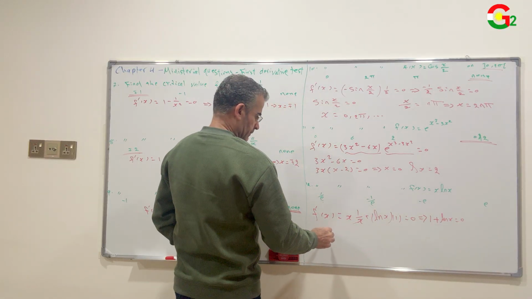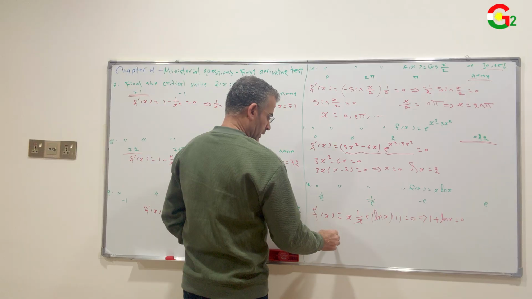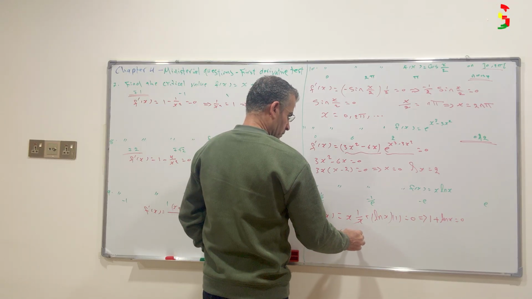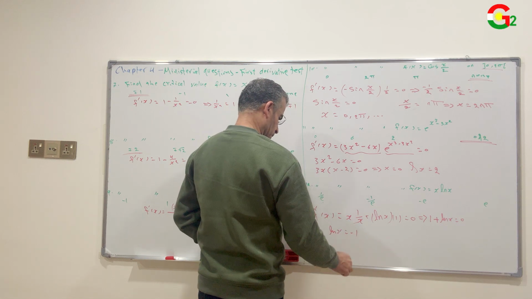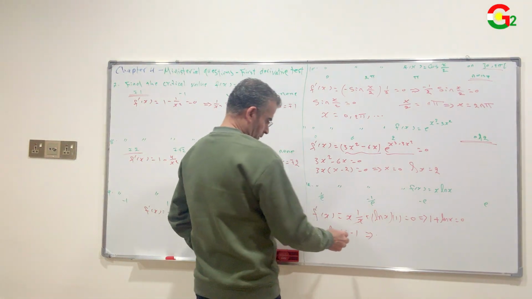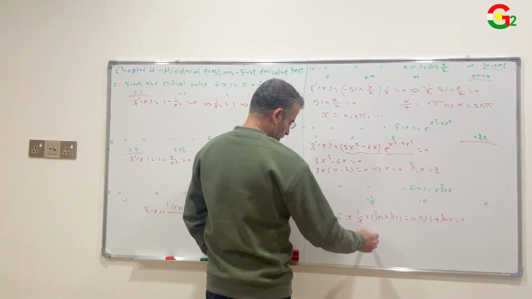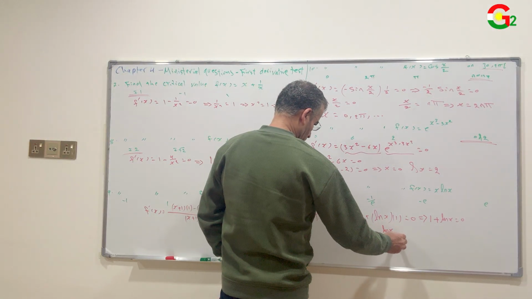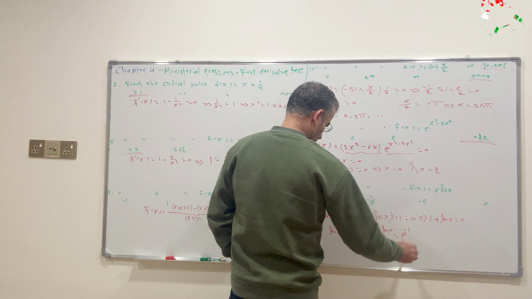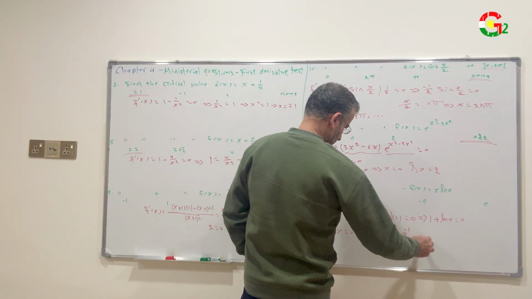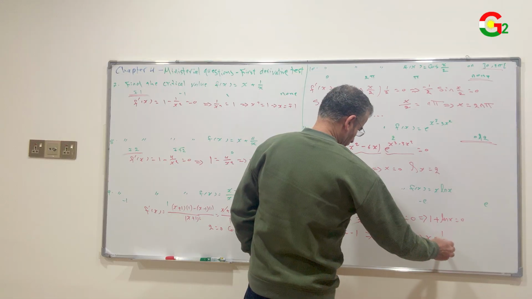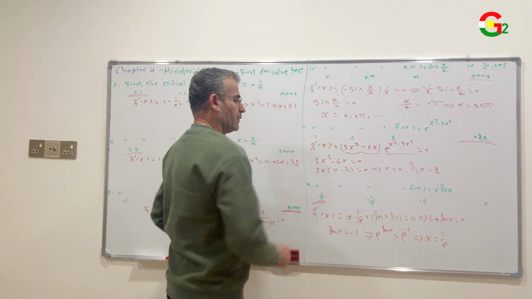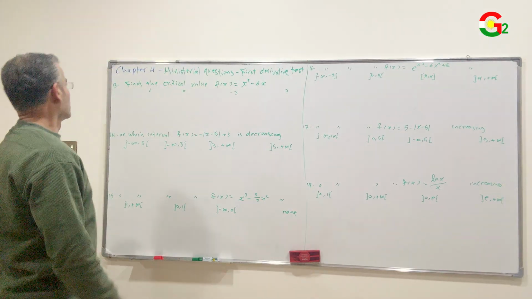Then ln x equals negative 1. Then take the exponential of both sides: e to the ln x equals e to the negative 1. e to the ln x is x, so x equals 1 over e. Choice A.